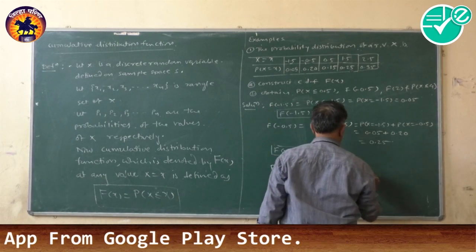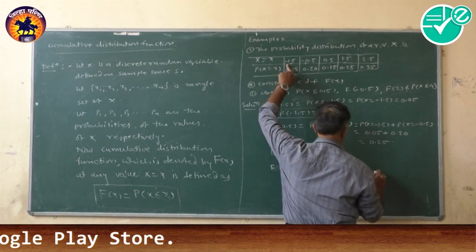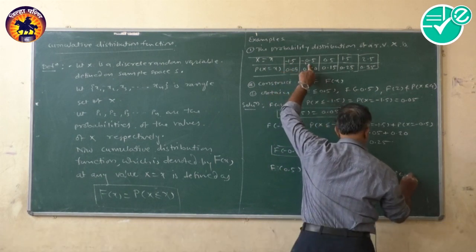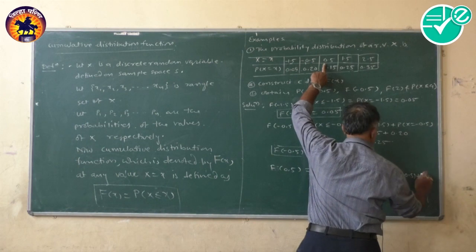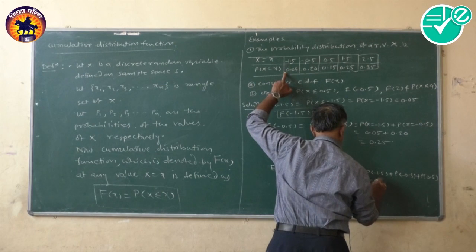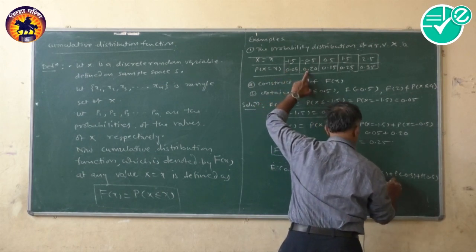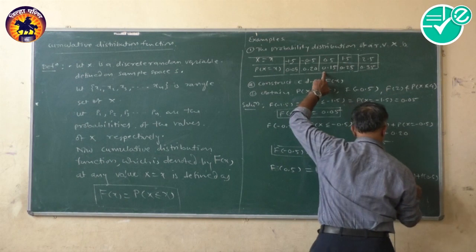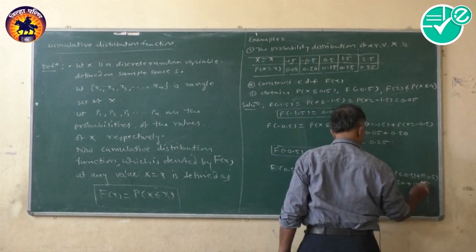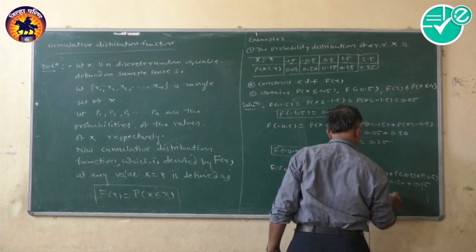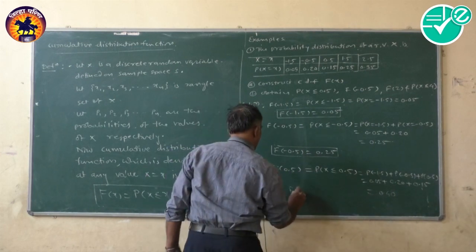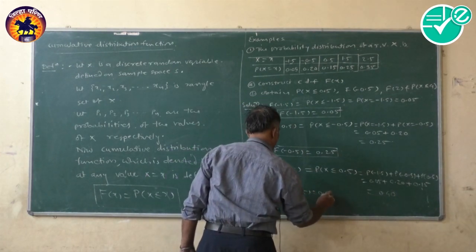So it is exactly equal to the probability that x is minus 1.5 plus the probability that x is minus 0.5 plus the probability that x is 0.5. So it will be 0.05 plus 0.20 plus 0.15. Adding these 3, 5 plus 5 is 10, carry 1, 1 plus 1 is 2, 2 plus 2 gives you 4. So it is equal to 0.40. So F of 0.5 will be 0.40.